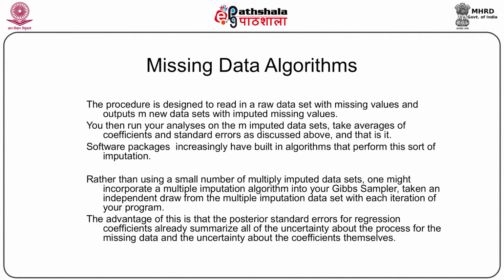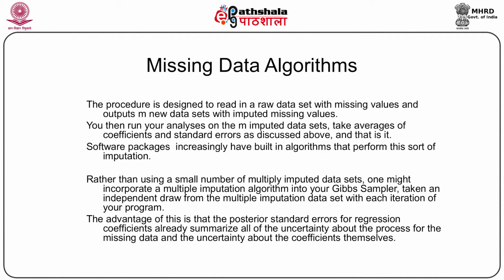So let's talk further about the missing data algorithm. Gary King at Harvard has a very easy to use program called Amelia, now available as an R package, that creates data sets with imputed missing values.